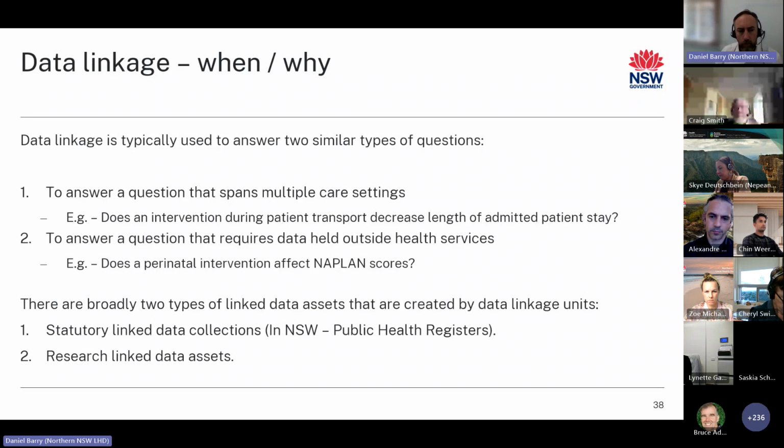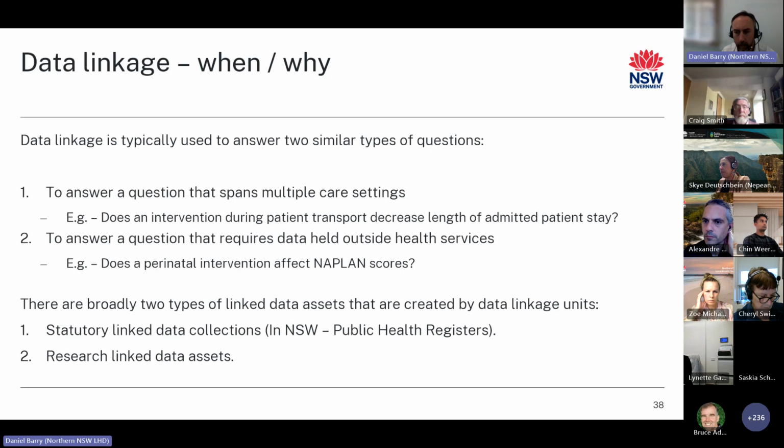There's also two types broadly of linked data assets that are created by data linkage units. The first is statutory linked data collection. In New South Wales, we call these public health registers for the most part. And the second is research linked data assets. The statutory linked data collections are legislated data assets that health departments are required to generate and update.